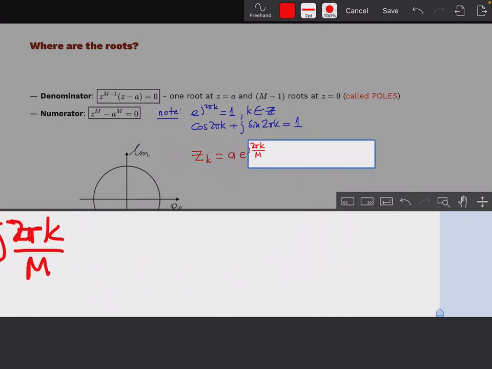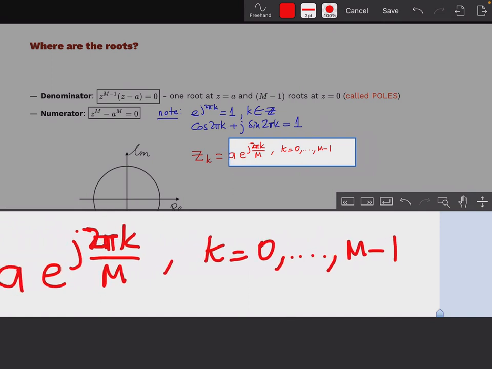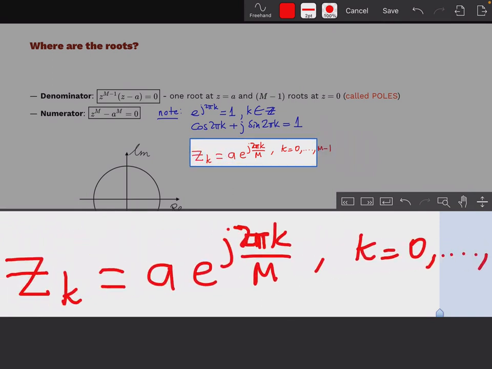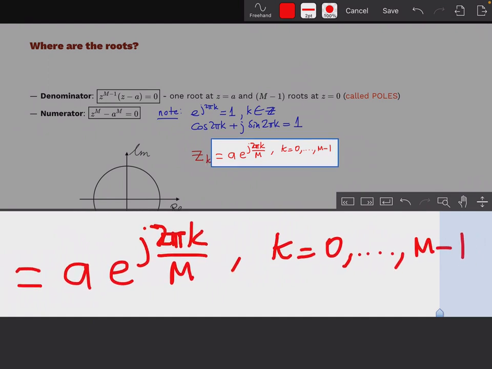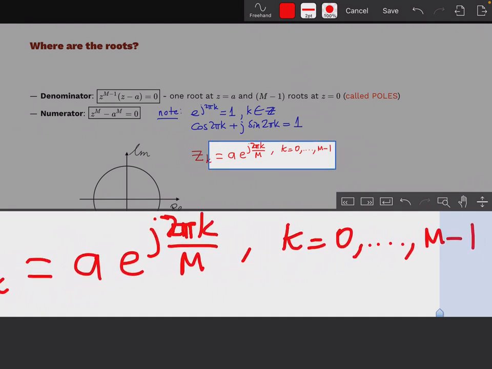So this is pi, if you have trouble seeing it, and for k from 0 to m minus 1. So we have m zeros then. For k equals 0, we have zk equals a, and then all the remaining zeros are around the unit circle.